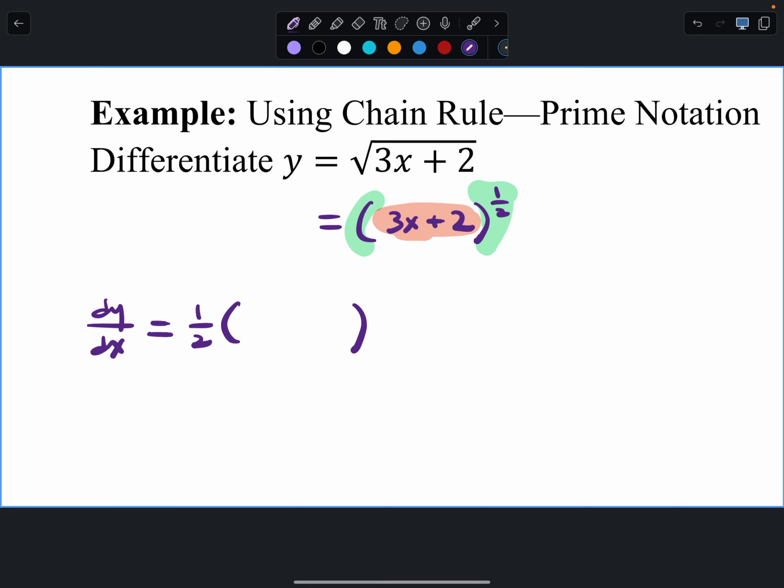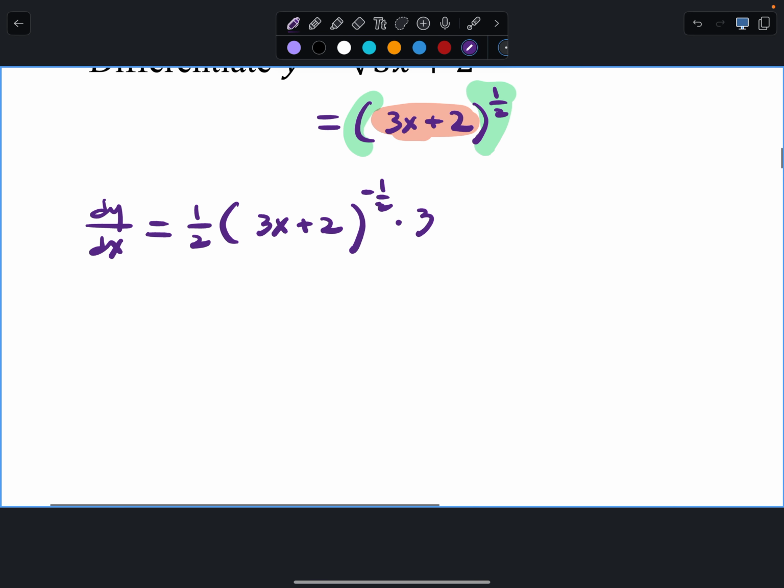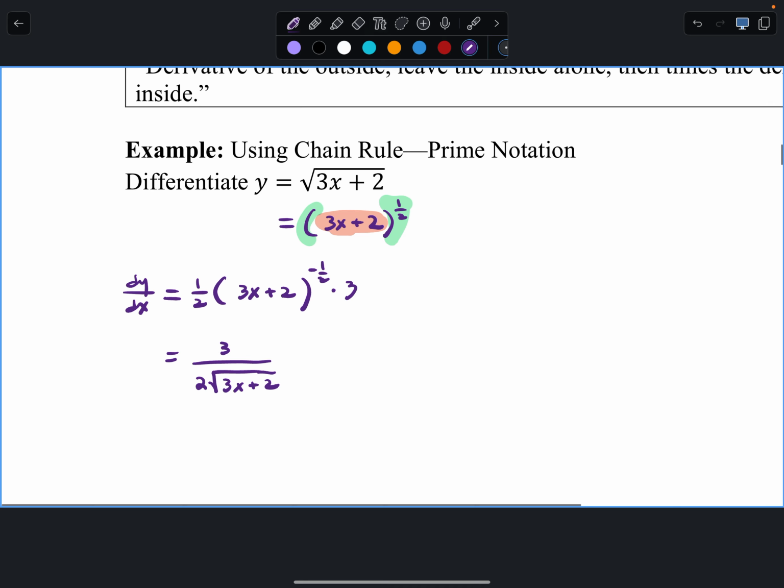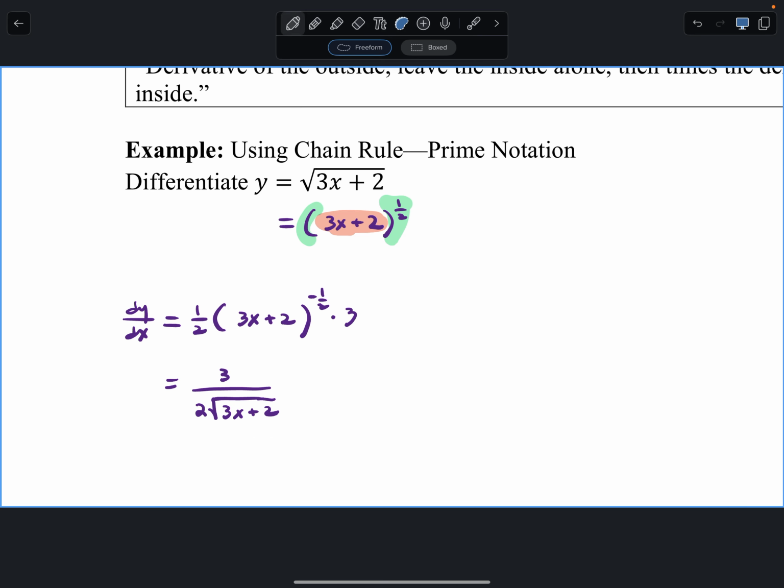Derivative of the outside, leave the inside alone, times the derivative of the inside would be 3. And then you guys know I don't like negative exponents, so just getting rid of the negative exponents. And if you want to go back to the radical, you can. It would really just depend on what type of question's being asked, whether it's multiple choice. If it's free response, it wouldn't matter, but you know I don't like negative exponents.